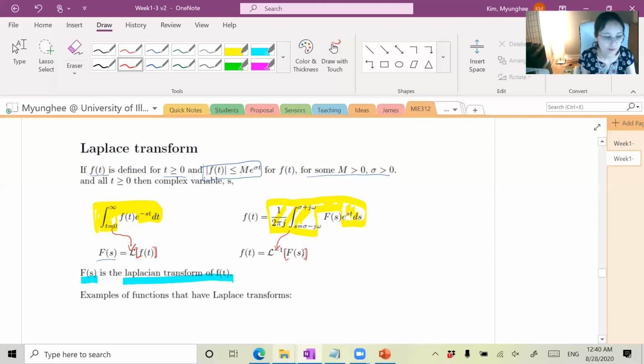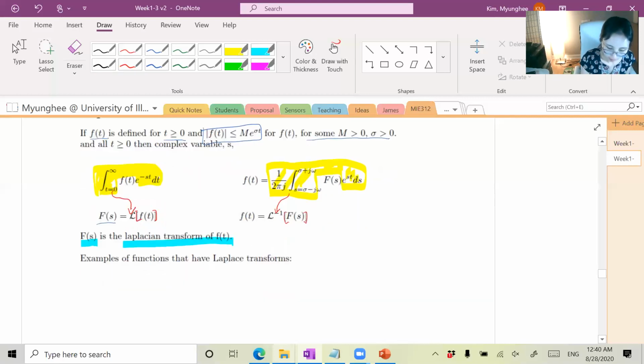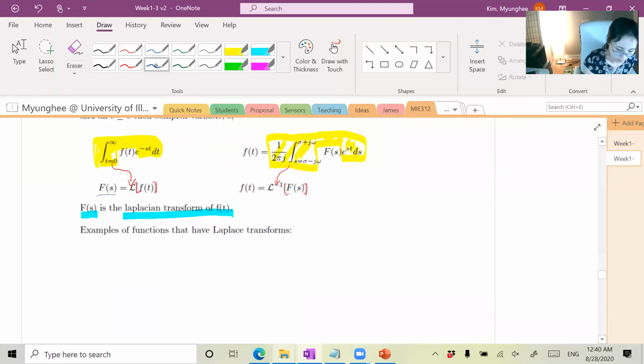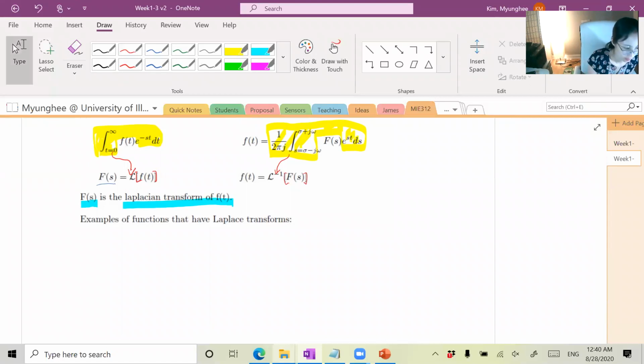So then let's review some very simple examples of Laplace transform. The simplest one can be a step function, which we looked at during the TA session.